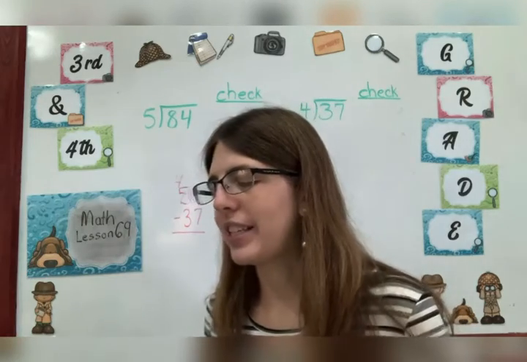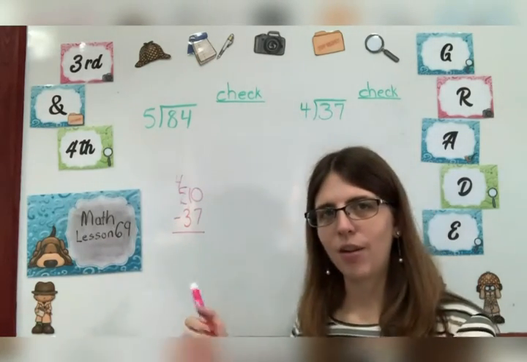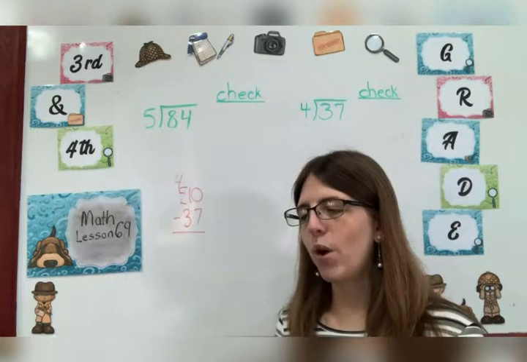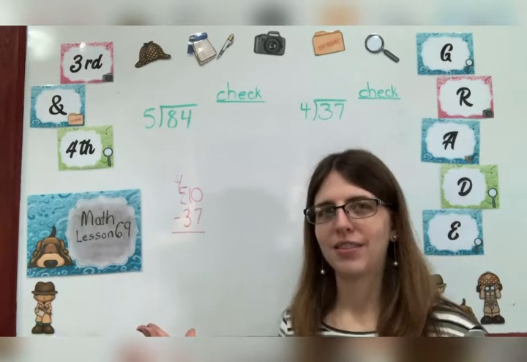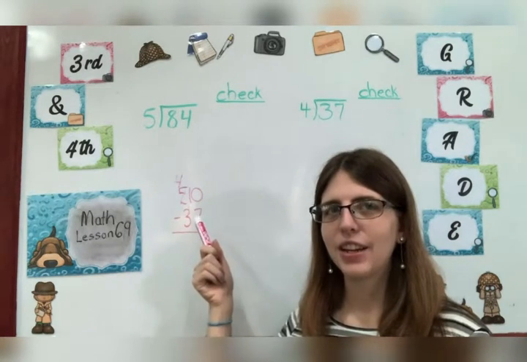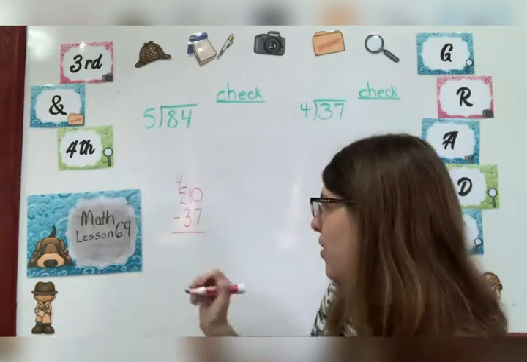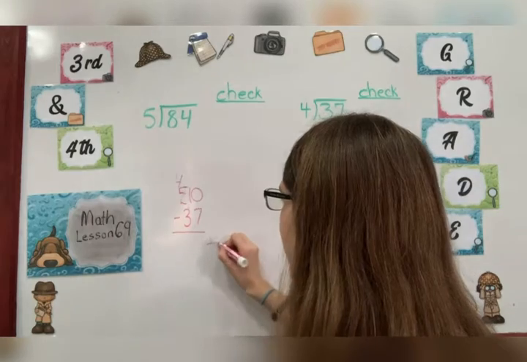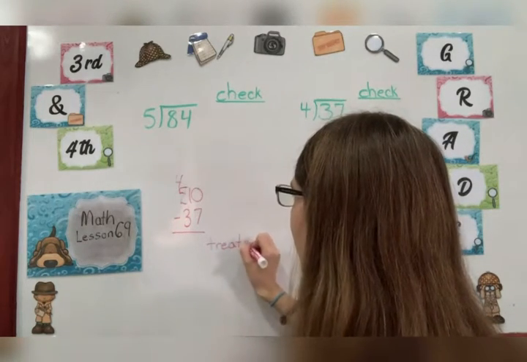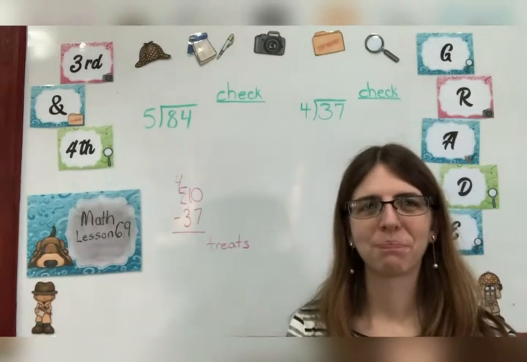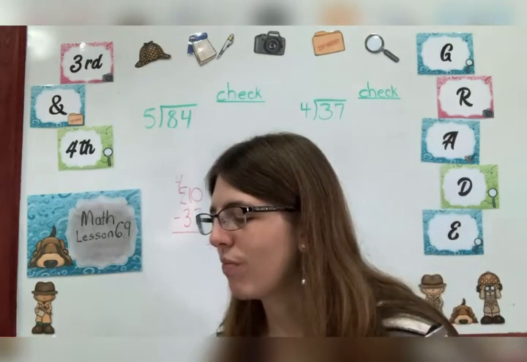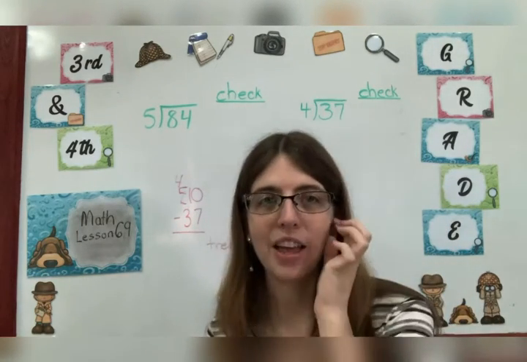Don't forget, you need to tell me, when you get your answer, what is being left over? It's 50 treats minus 37 treats. So the answer is going to be how many treats are left. Okay? All right.